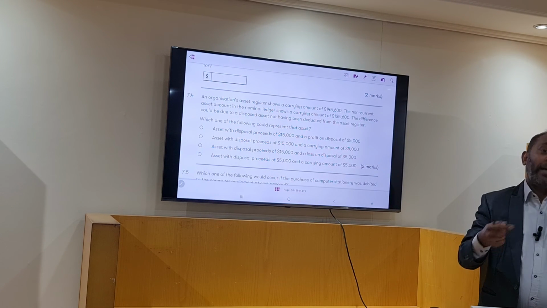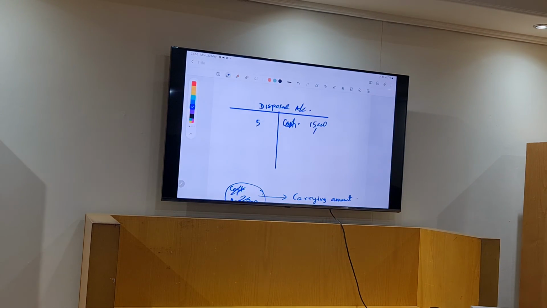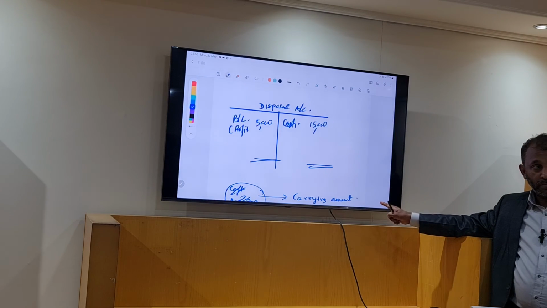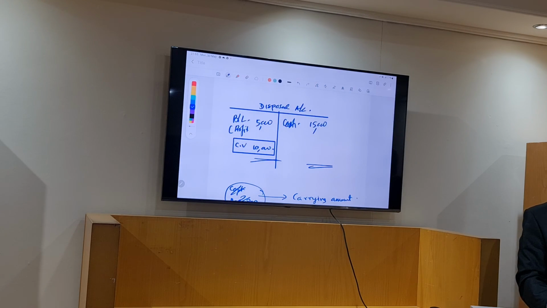The corresponding other entry I should debit to the profit. And now we don't have any other information. So now we need to balance this account. If you balance, we have a balancing figure here. That 10,000 is my carrying value or carrying amount. And that is the answer. Clear? Happy? Alhamdulillah.